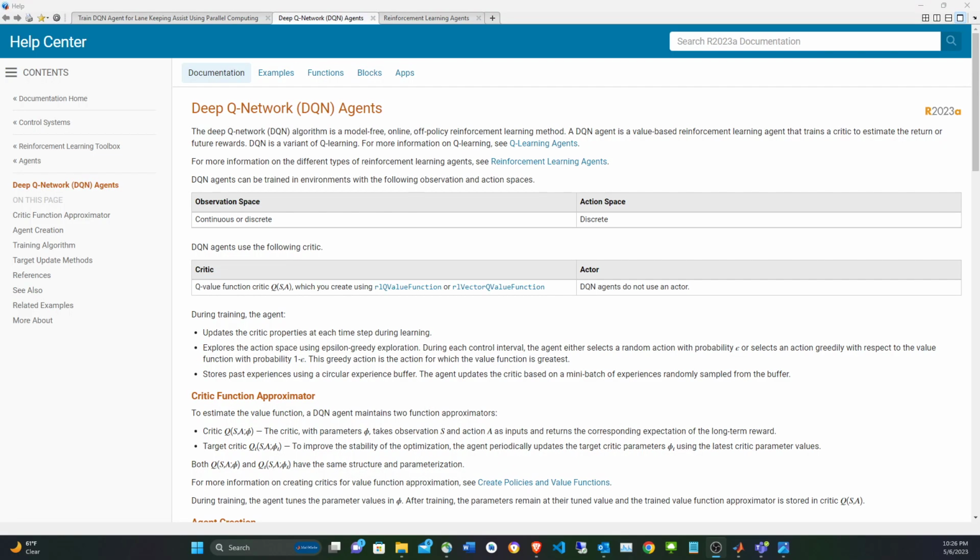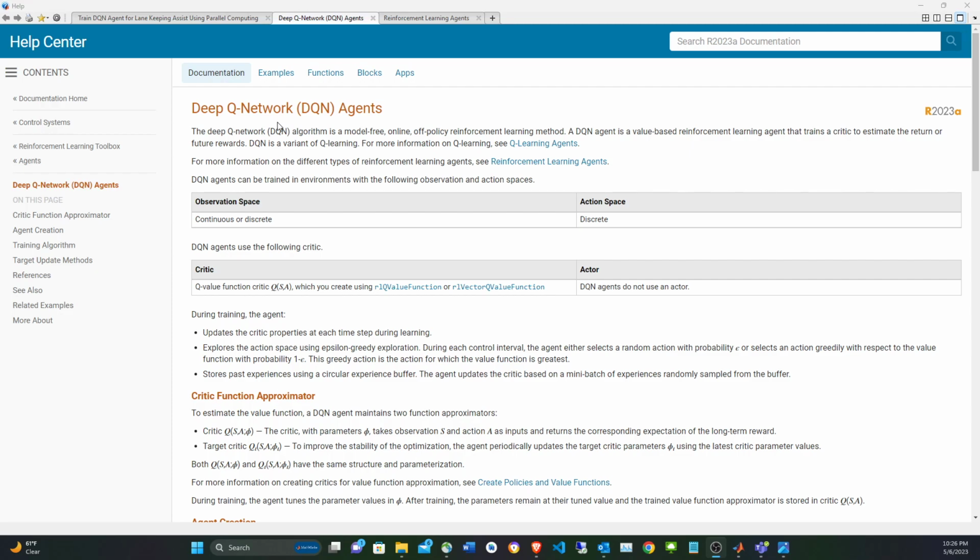Before going into the example, I'm going to give you some background on the DQN agent, which is the Deep Q network. This is an agent that depends on the Q function. The Q function is a function that predicts the accumulated reward of the agent.